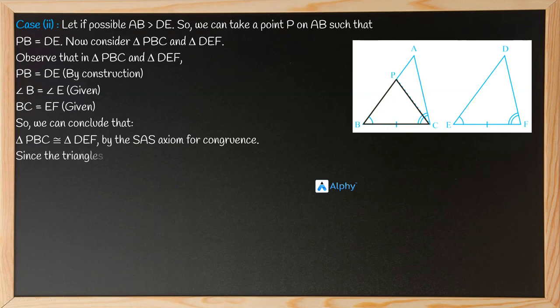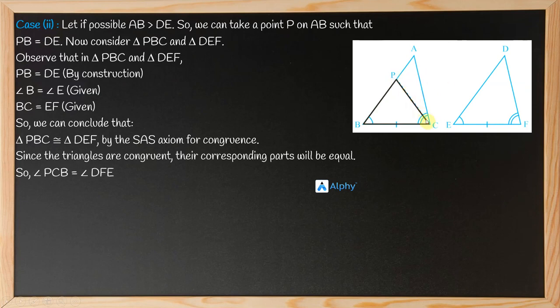Since the triangles are congruent, their corresponding parts will be equal. So we can say that angle PCB will be equal to angle DFE.